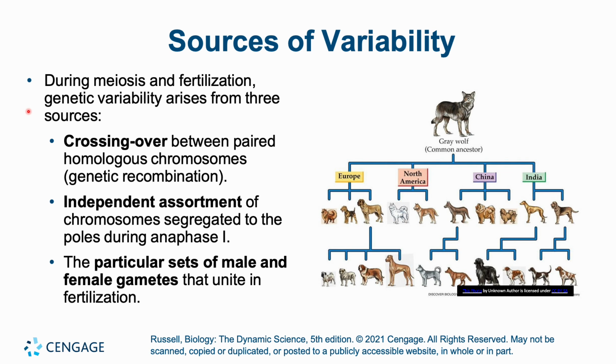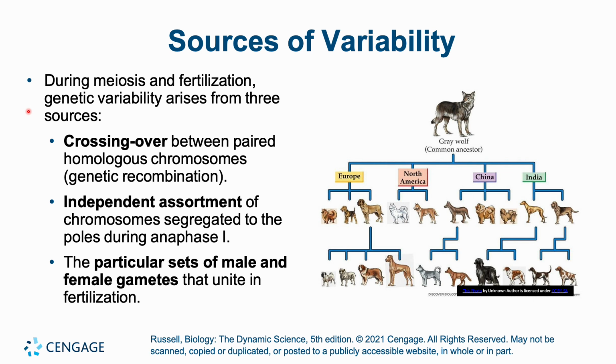Meaning, we don't know which side mapupunta yung, for example, yung blue na chromosome, di natin alam kung mapupull siya towards the left or towards the right part of the cell. And yung, consequently, yung red chromosome natin, for example, di natin alam if mapupunta siya sa left or right. So, it is completely random.